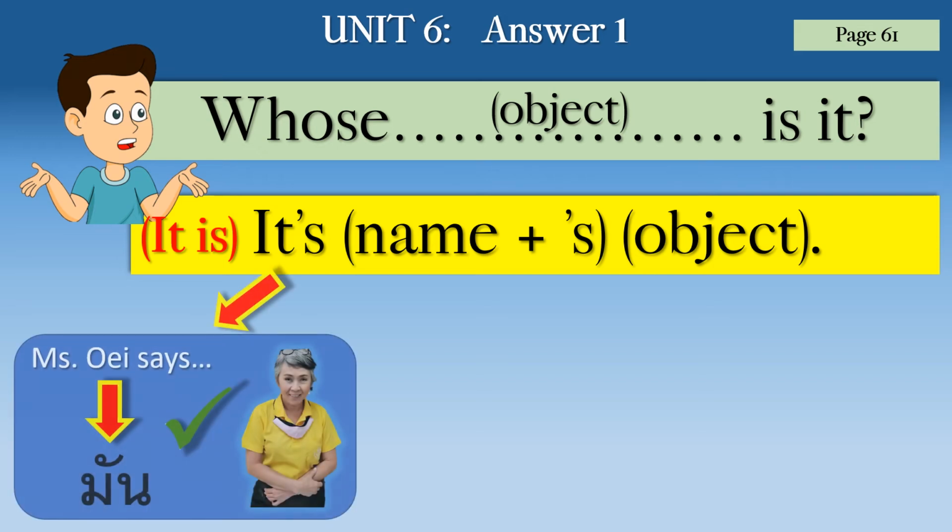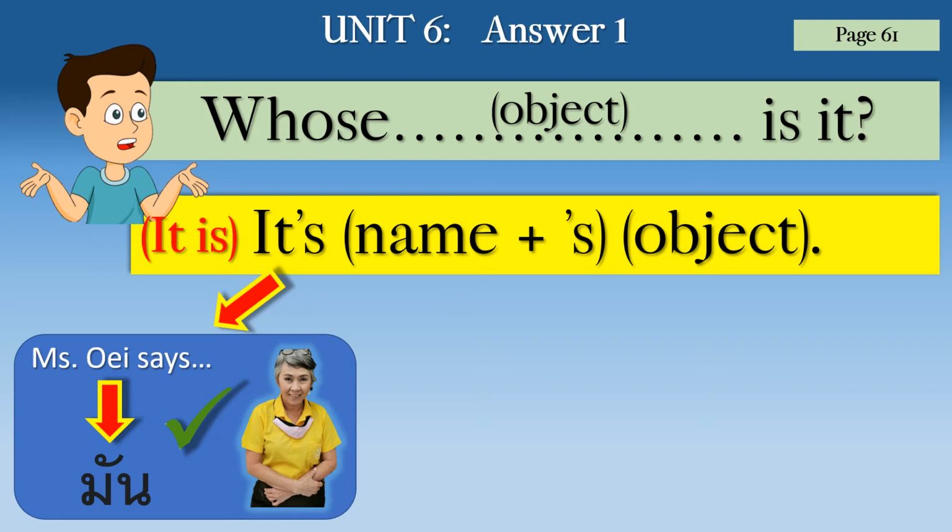Here is Miss Oy to tell us what the word it means in Thai. What does it mean, Miss Oy? Yes, it means man. Now, why do we say it? We use it at the start of the answer to replace the name of the object. Let me show you. Whose lunchbox is it? The lunchbox is Rosa's lunchbox.